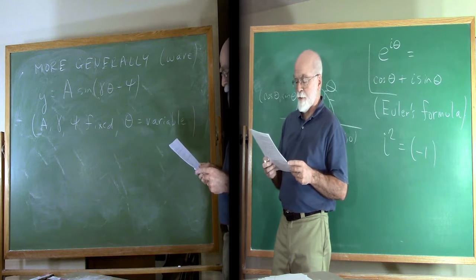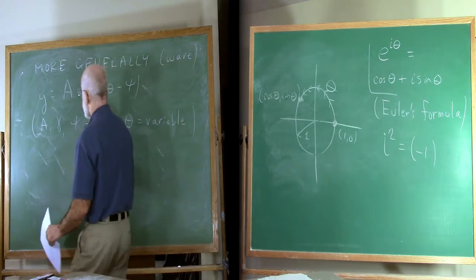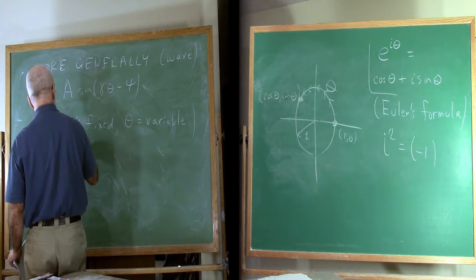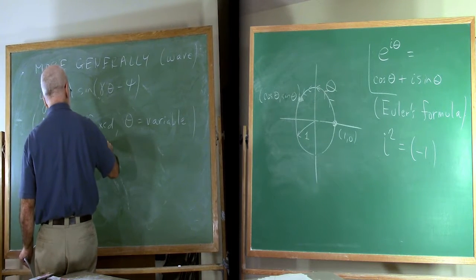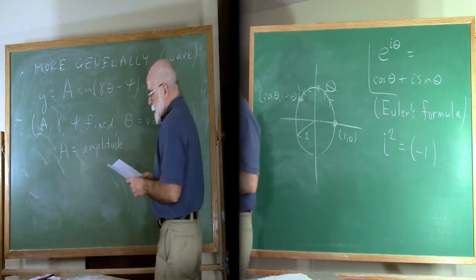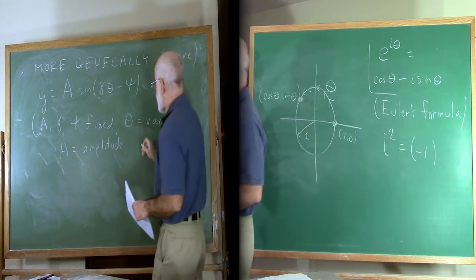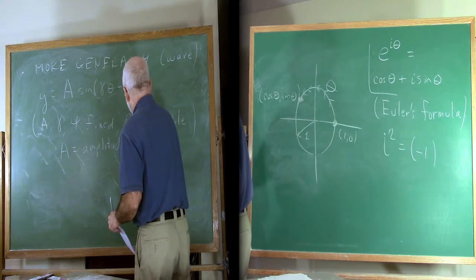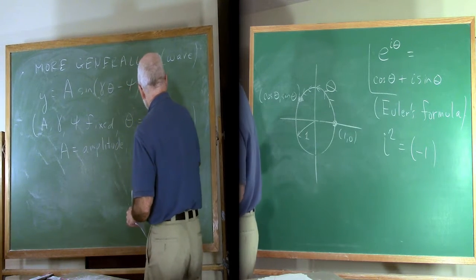The A stands for amplitude. The gamma, at least when you divide by 2 pi, is frequency.